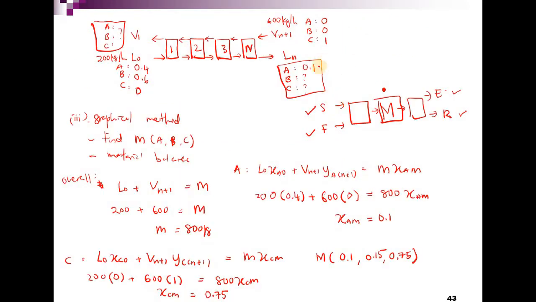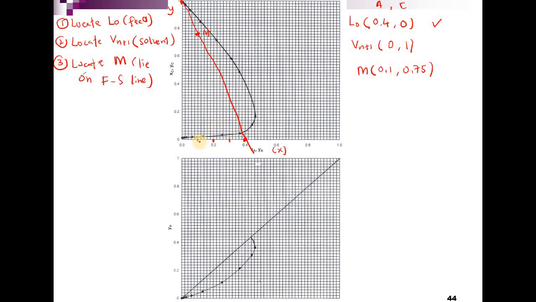Okay, so next, you already know the composition of A in the raffinate. So the raffinate contains component A as 0.1. So you put 0.1 here. Number 4 is locate Ln. So Ln has component A as 0.1, but you don't know component C, isn't it?